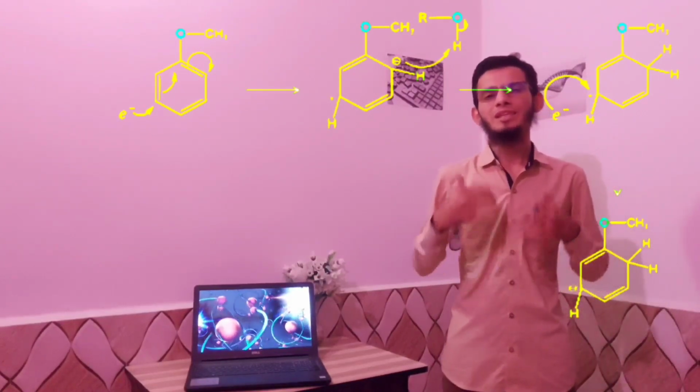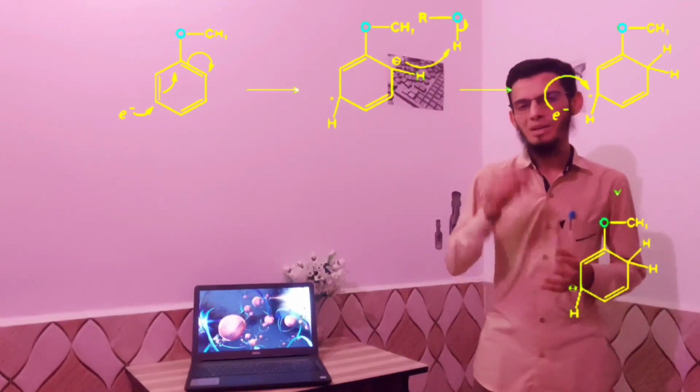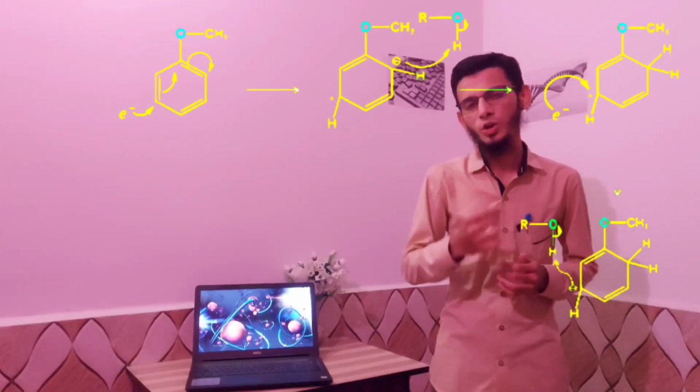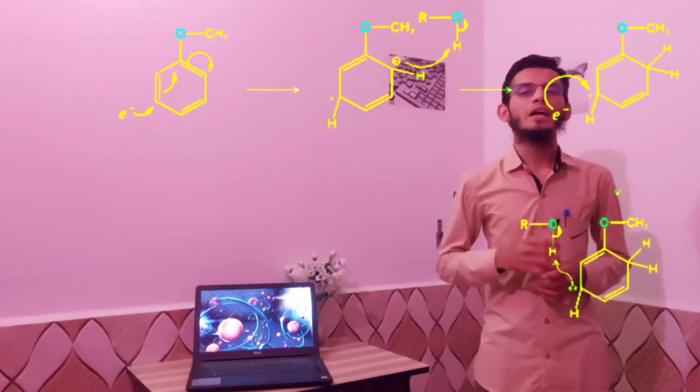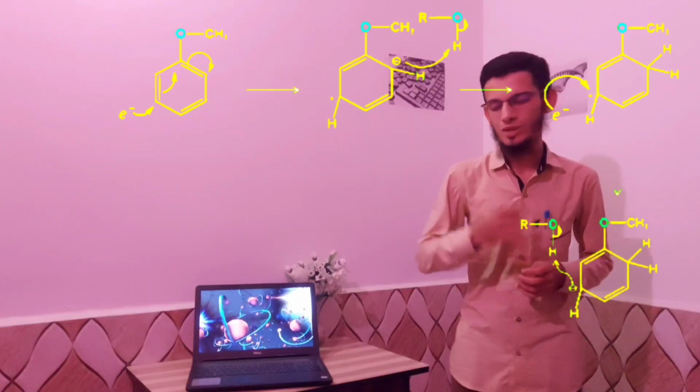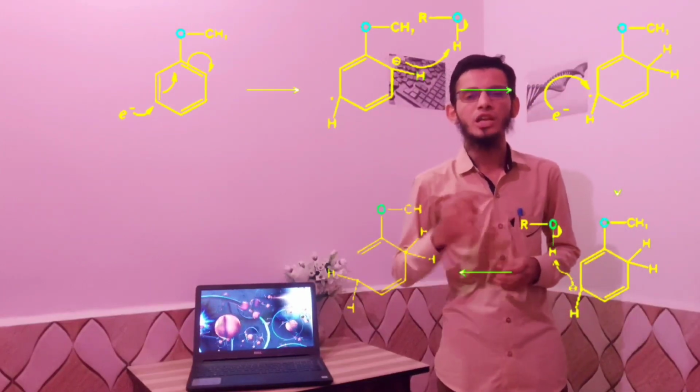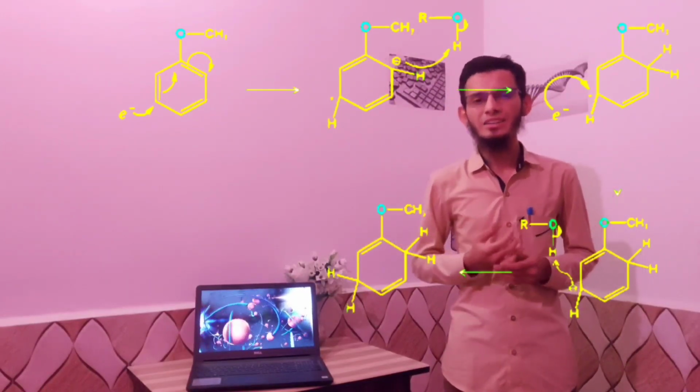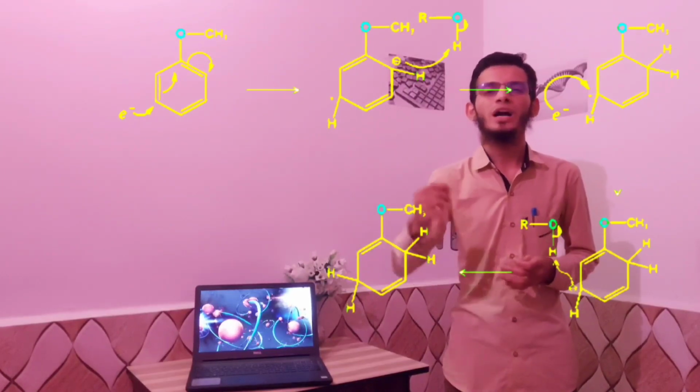So it is a similar mechanism as the benzene. But remember one thing, if an electron donating group is present, reduction will occur at the ortho and meta position, and you can see the product in which the electron donating group, like the ether group, is present adjacent to the double bond. It is simple. But what happens when we use hydrolysis as a reaction after this?